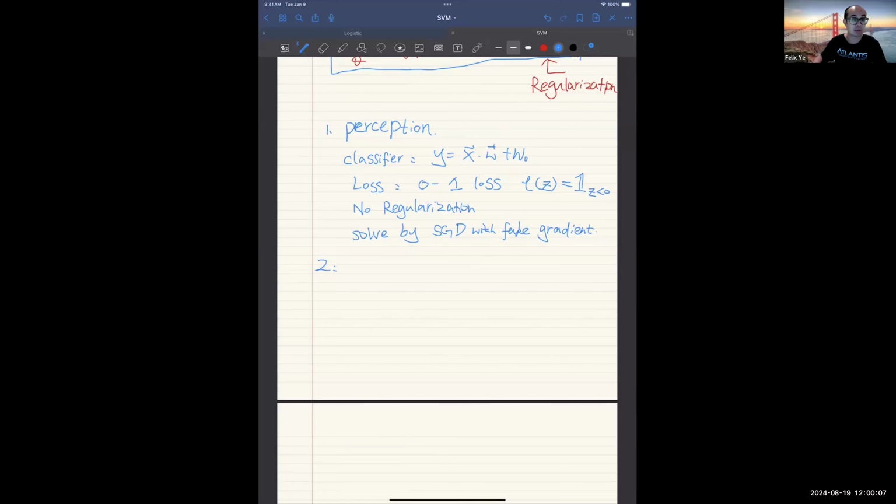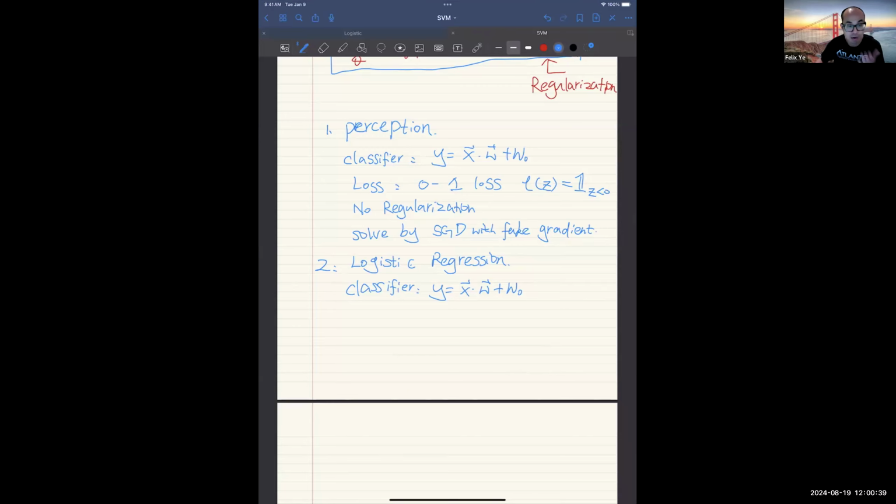The second thing that we did is logistic regression. So we have a classifier f of x equal to x w plus w0. So what kind of loss function do we use right here?